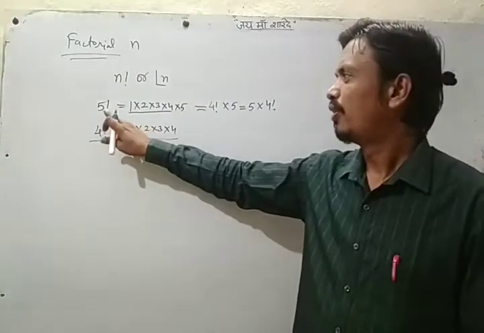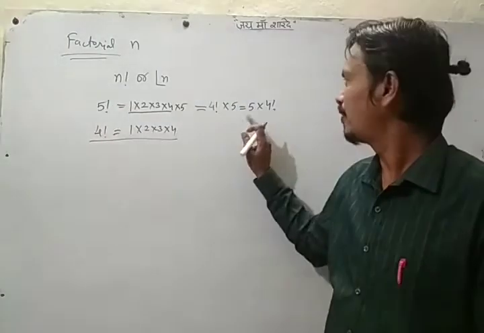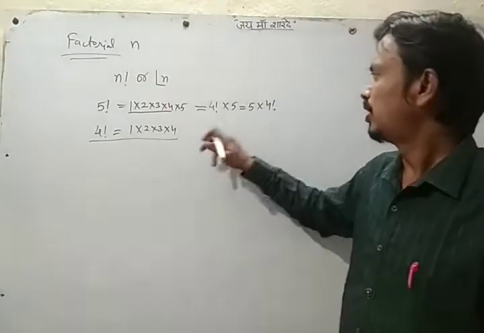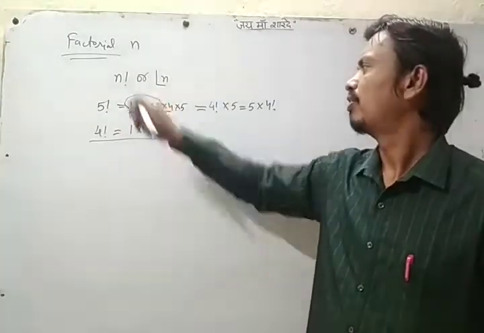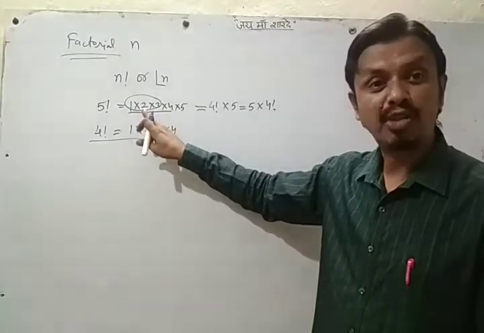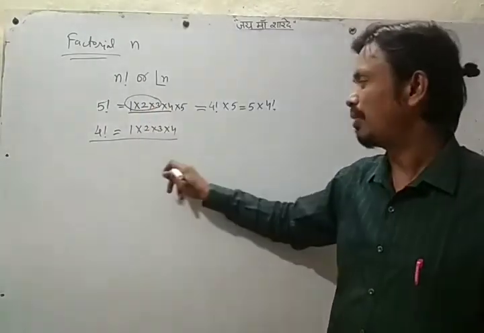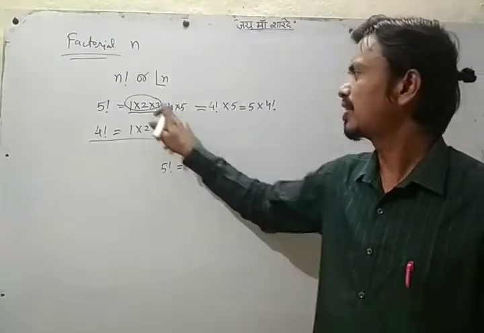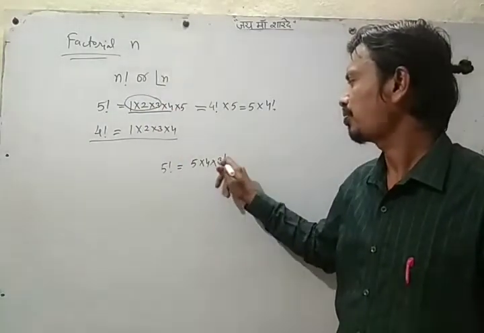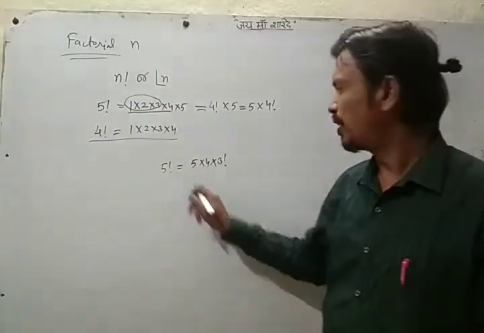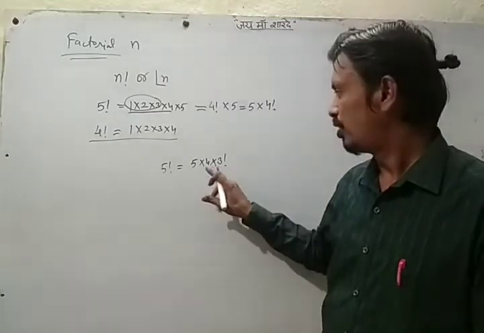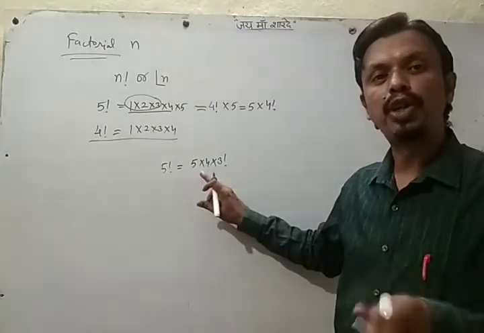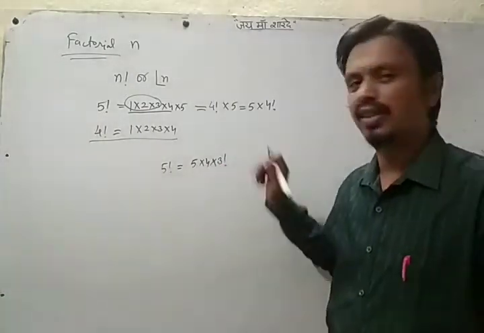What we are doing is keeping 5 as it is, taking 1 less than 5, which is 4, and putting factorial. The same way, if we take only up to 1, 2, 3, it will be factorial 3. It means 5 factorial can be written as 5 into 4 as it is, and then factorial 3. We can open this factorial up to one number, or as per our wish: 5 into 4 factorial, or 5 into 4 into 3 factorial. According to our need, we can open this.